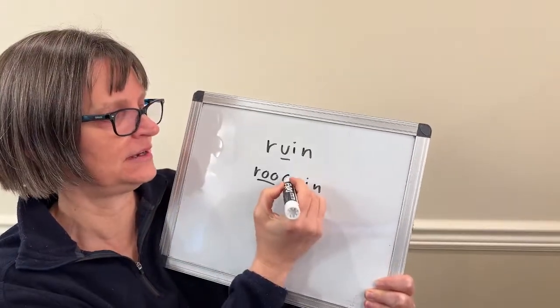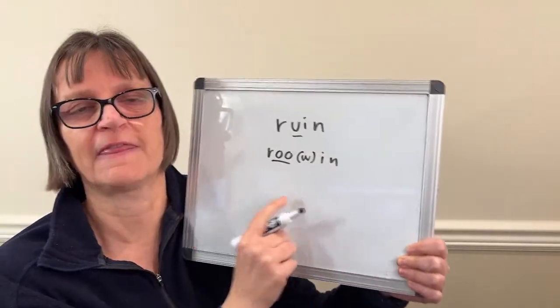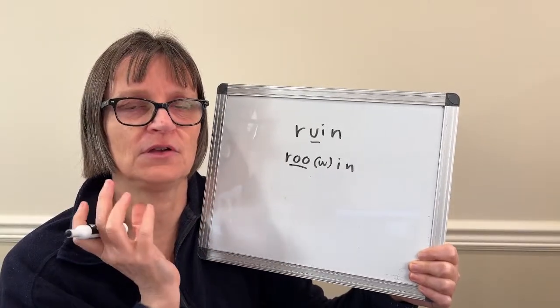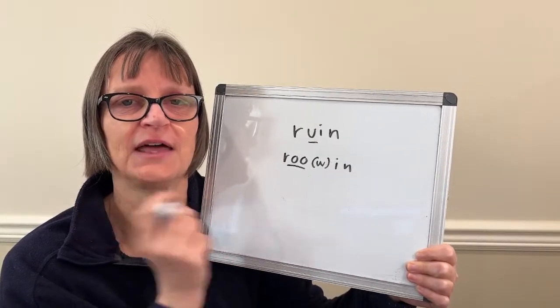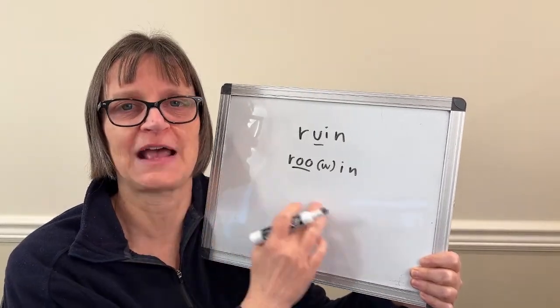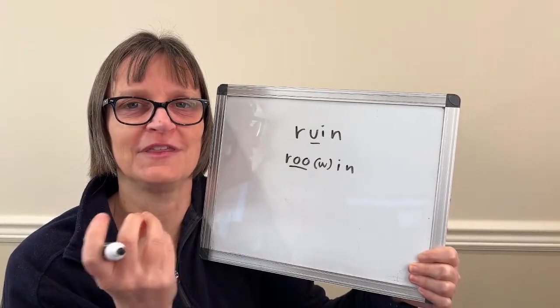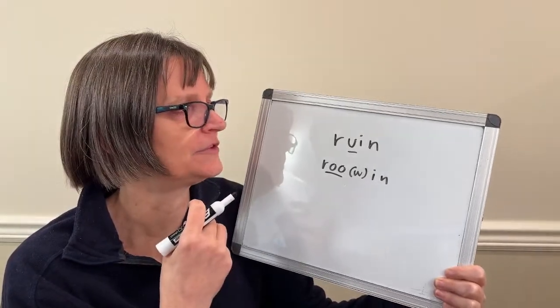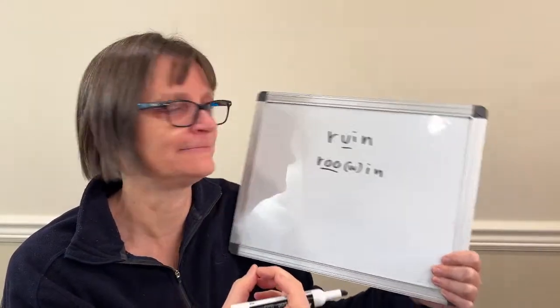So in between, we need a w to connect them. Ruin. If I do ruin, you can hear how it naturally breaks. I don't need to insert an extra w there, not ruin, but just naturally gliding from the oo to the I, you should hear a w connecting them. Ruin. So please don't ruin my day.